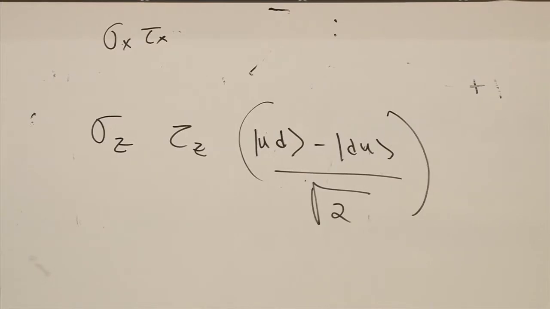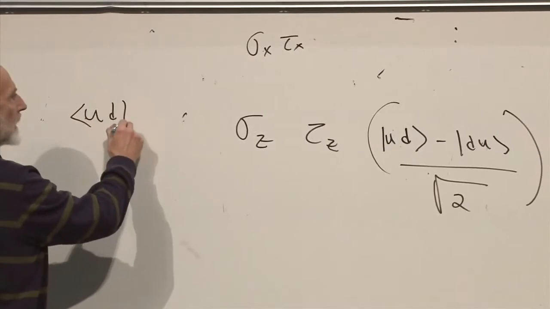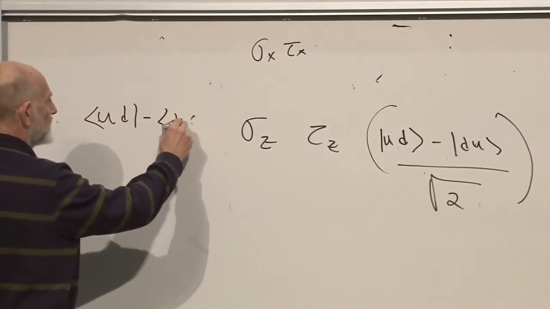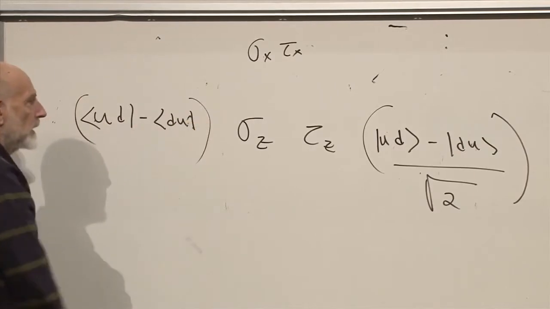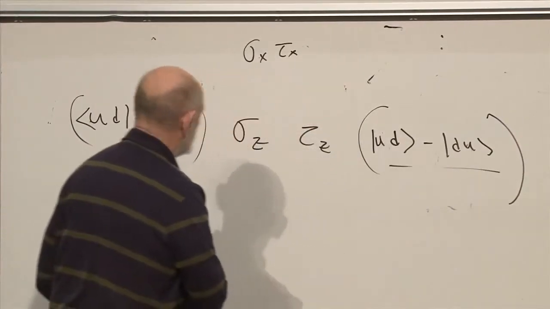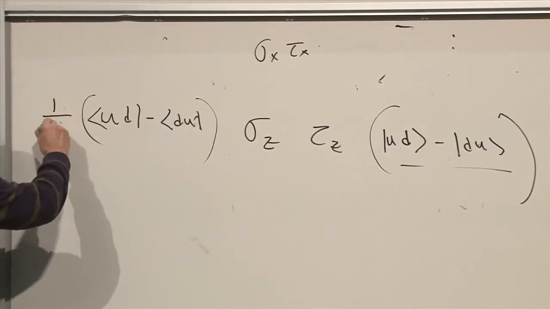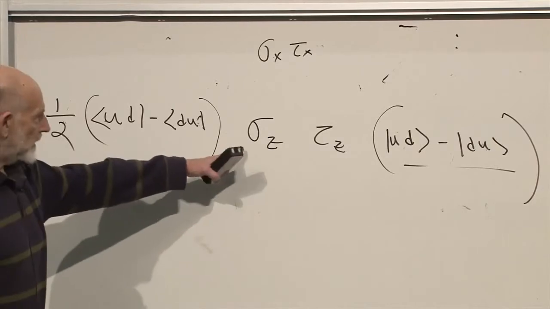And here we have up, down, minus, down, up. Also over square root of 2. So in fact, I can take the square root of 2's and put them all into a factor of 1/2 here. This is the expectation value in the singlet state.